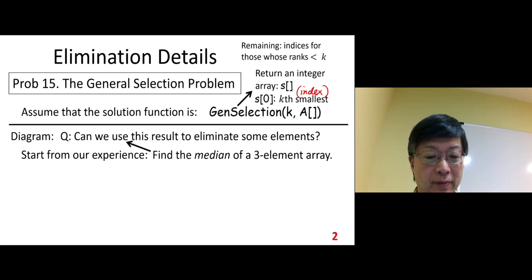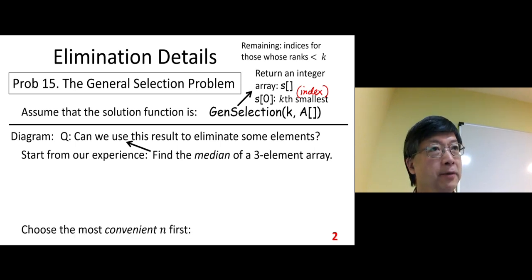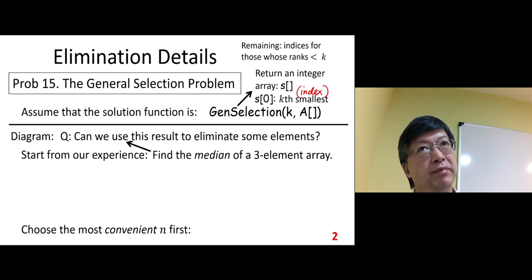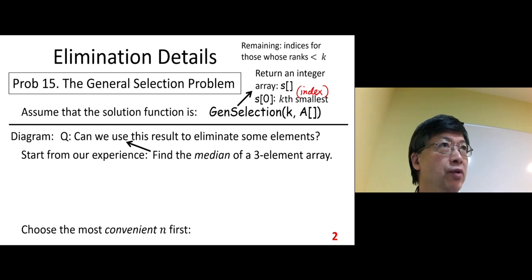Let me draw a diagram. But before we do that, let's choose the most convenient n for us, so we do not need to worry about some of the details. We use this method many, many times, so we know it works well for us.